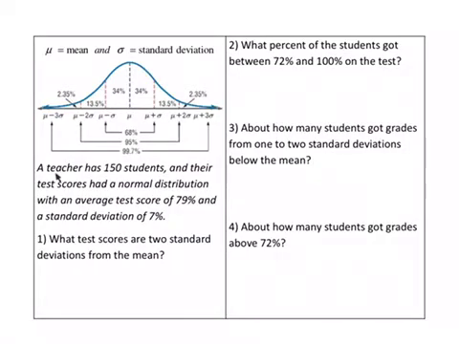So a teacher has 150 students, and their test scores had a normal distribution with an average test score of 79 and a standard deviation of 7%. So we have a normal distribution, and our mean is 79. So I'm going to stick 79 right in the middle, because that's our center.